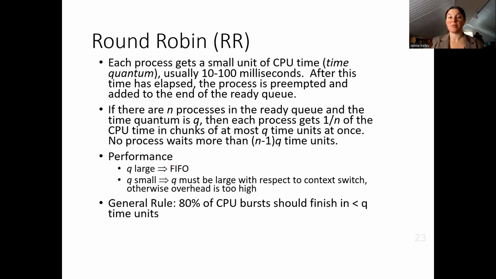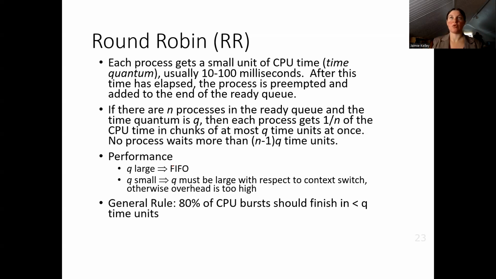This is typically somewhere between 10 to 100 milliseconds, but it can be shorter than that. After this time has elapsed, that process is going to be taken off the CPU, or preempted, and it'll be added to the end of the ready queue.